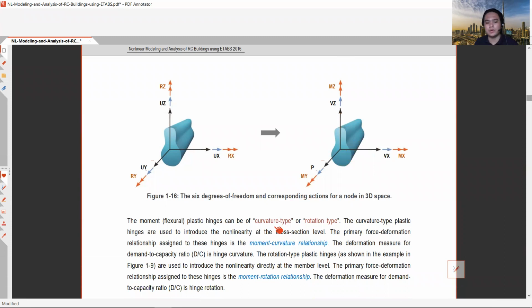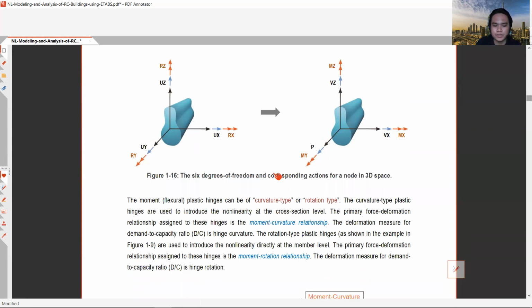Okay, so for the moment, flexural plastic hinges can be of the curvature type or a rotation type. So the curvature type plastic hinges are used to introduce the nonlinearity at the cross-sectional level. The primary force deformation relation assigned to these hinges is the moment curvature relationship.